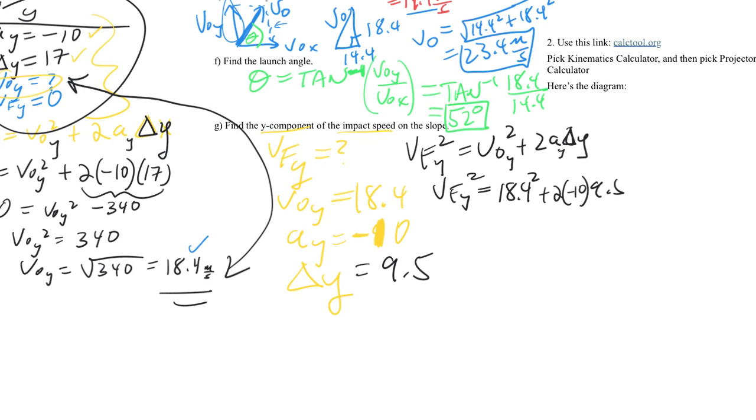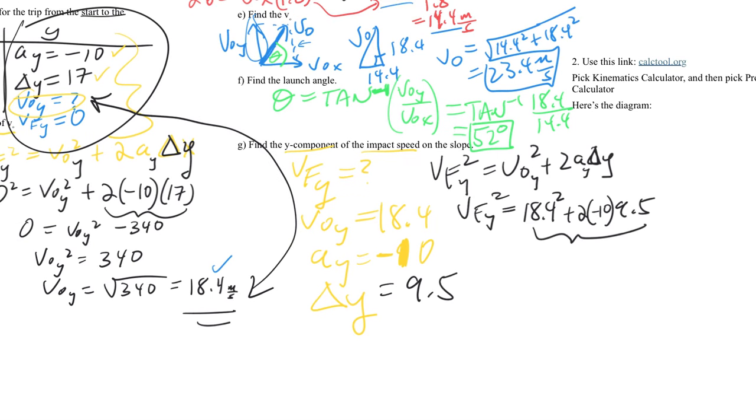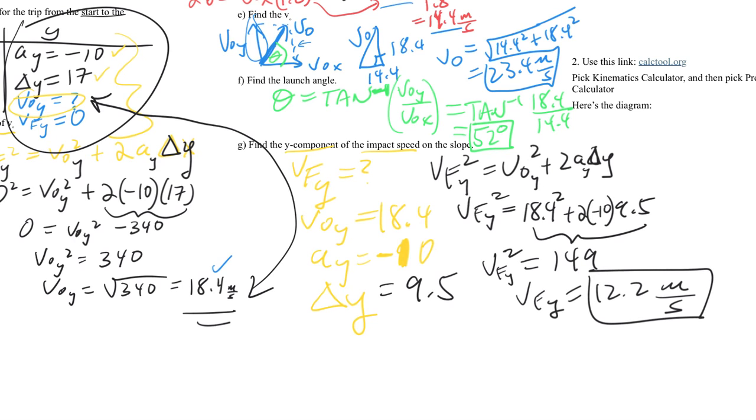I can just work that out. This comes out to be 148.56, so I'll say 149. So VFY squared is 149, so VFY is the square root of 149, and you get 12.2. So I just found VFY.